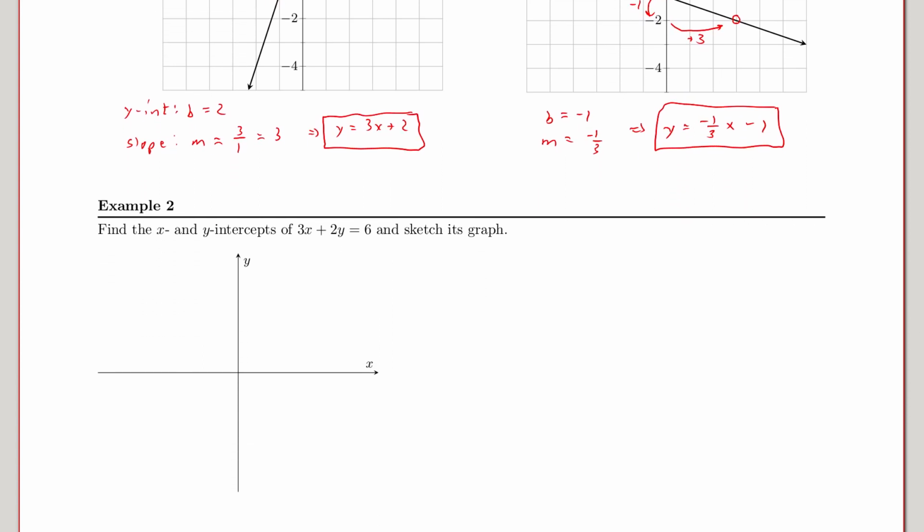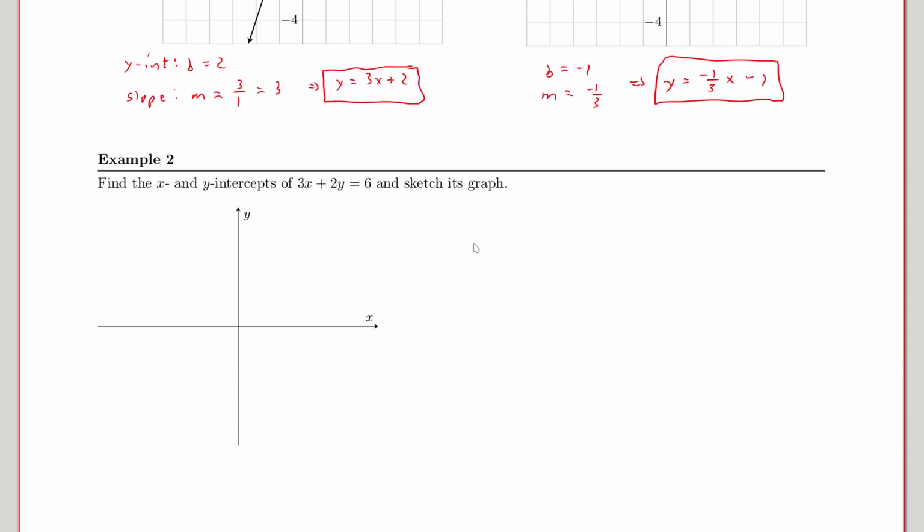We have another form for the equation of a line that you've seen when you've solved systems. This is often referred to as standard form for the equation of a line. Both variables are on the left and the constants on the right. So in order to graph a line, we just need 2 points. You could solve for y here and then do what I had suggested in the previous example, or we can go off the x and y intercepts.